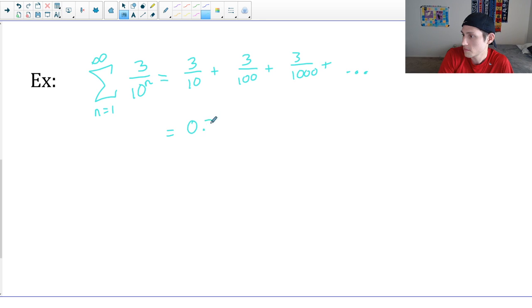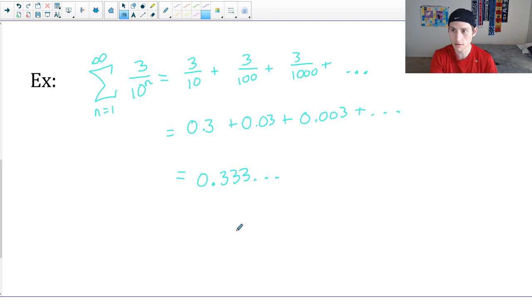3/10 is 0.3, 3/100 is 0.03, 3/1,000 is 0.003, etc. So if I add all of these up, 0.3 plus 0.03 plus 0.003, I'm getting 0.333, etc. I think you can see that if I keep doing this pattern, I would just end up with 0.3 repeating.